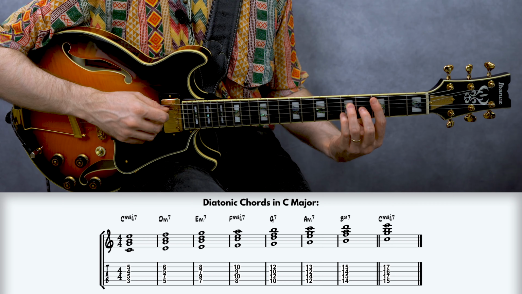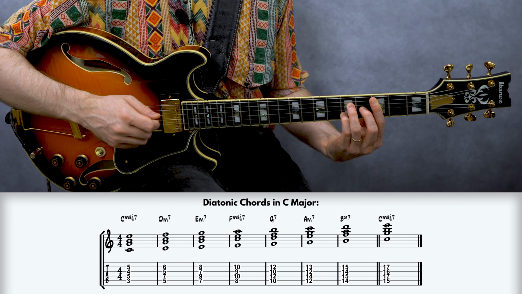Everything that you'll hear me playing today will occur in the key of C major, and if there are any modulations present, will always resolve to the key of C major. If we were to play all of the chords that occur diatonically within the key of C major from 1 through 7, they'd sound a bit like this.